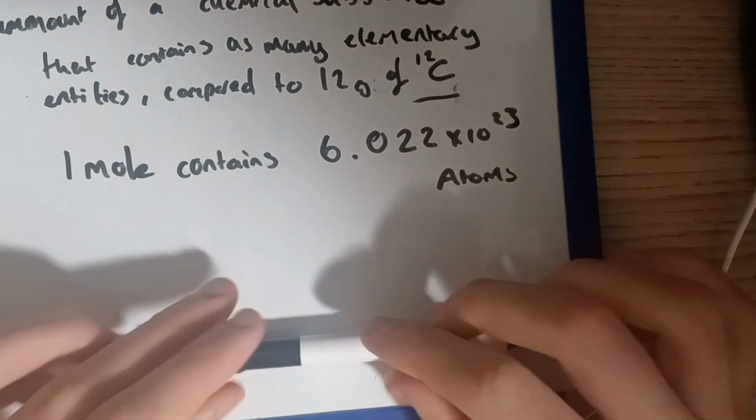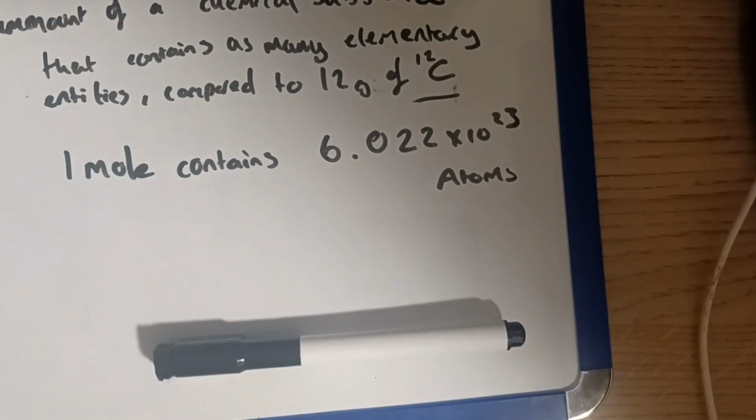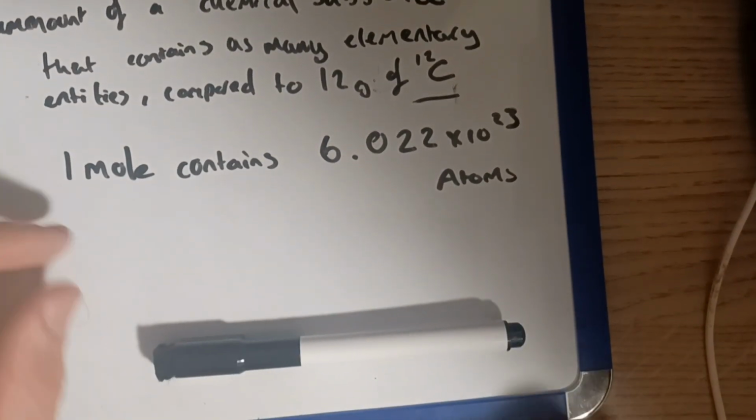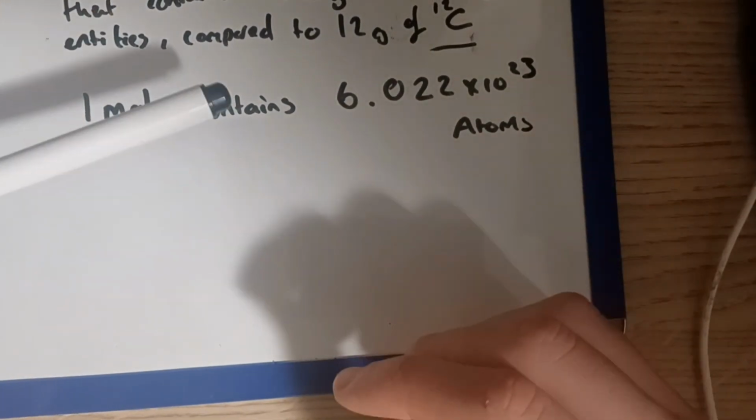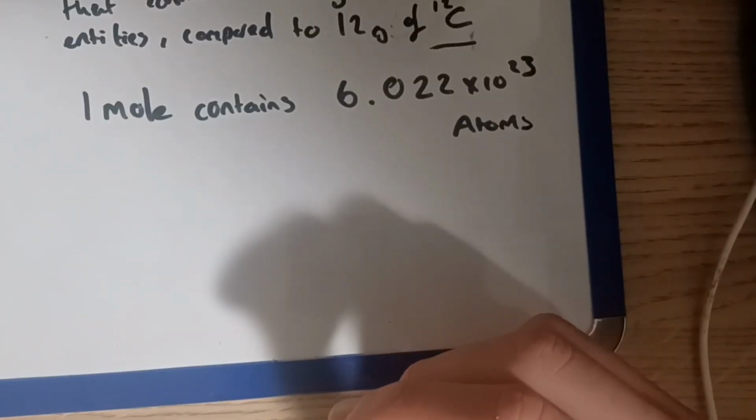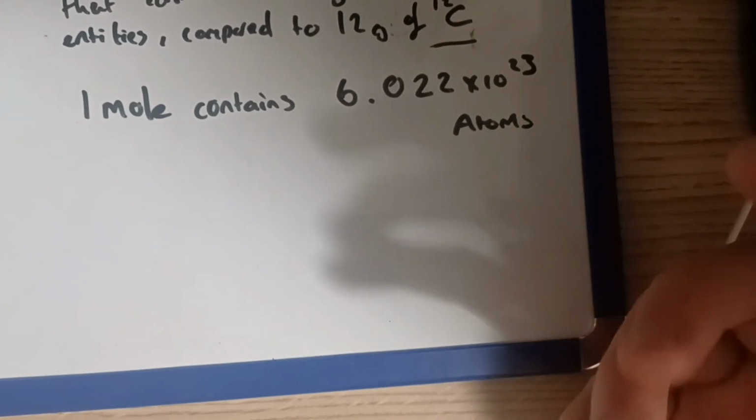This is the main concept of how we can apply chemistry in terms of substances and physics, for example, in terms of energy of a particle.